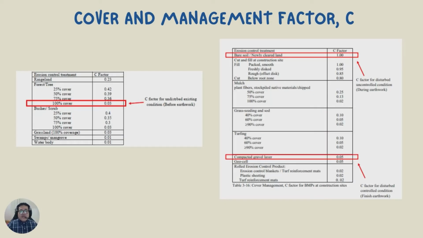For the cover and management factor, we choose the 100% cover for the undisturbed existing condition, which is 0.03, and the C factor for the disturbed uncontrolled condition, meaning during earthwork, is 1.0, and lastly the C factor for the disturbed controlled condition after finishing the earthwork.